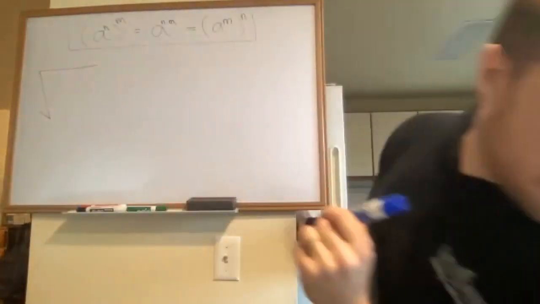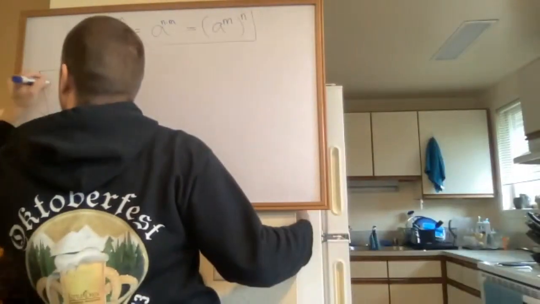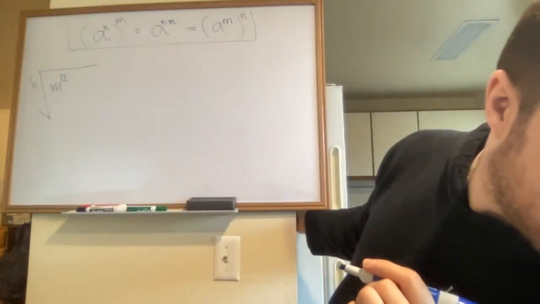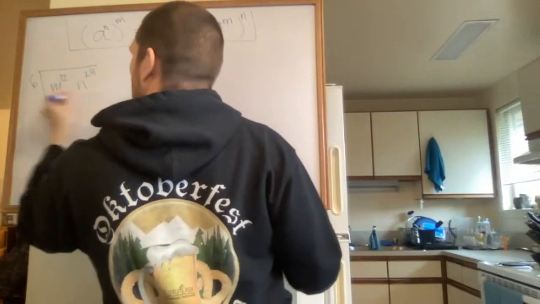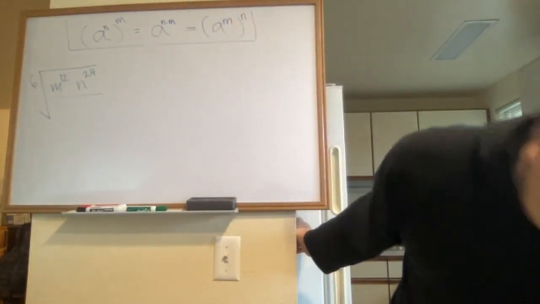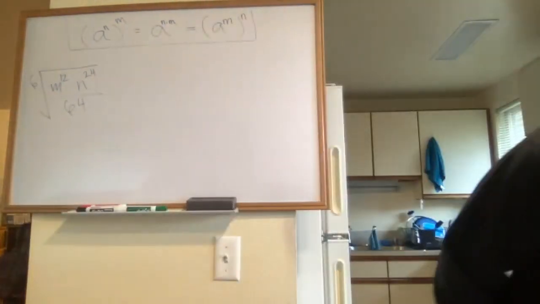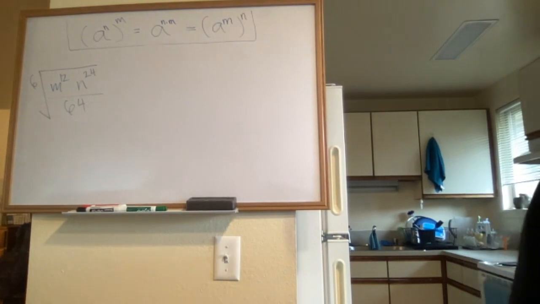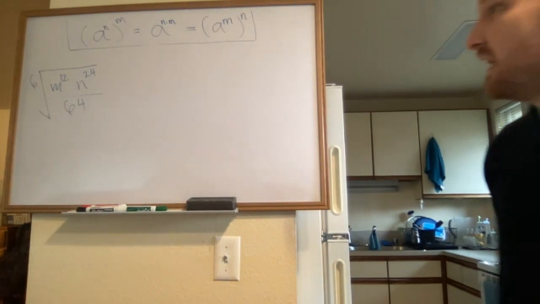We're doing the sixth root of m to the 12th, n to the 24th, all over 64. Let me just make sure I copied this down right. Okay, let me know when you got that copied down.